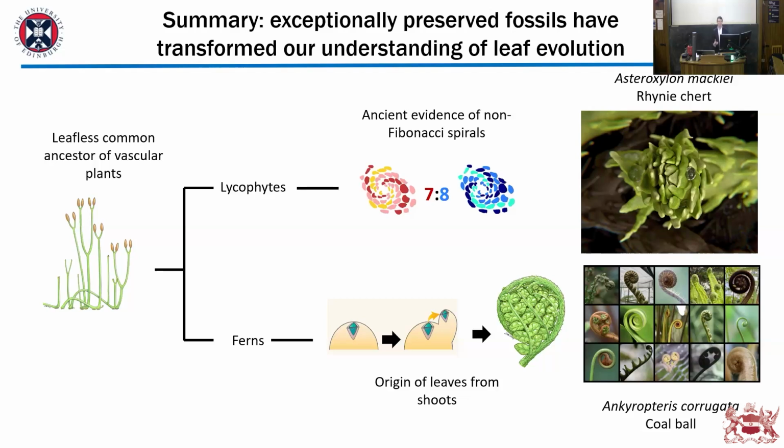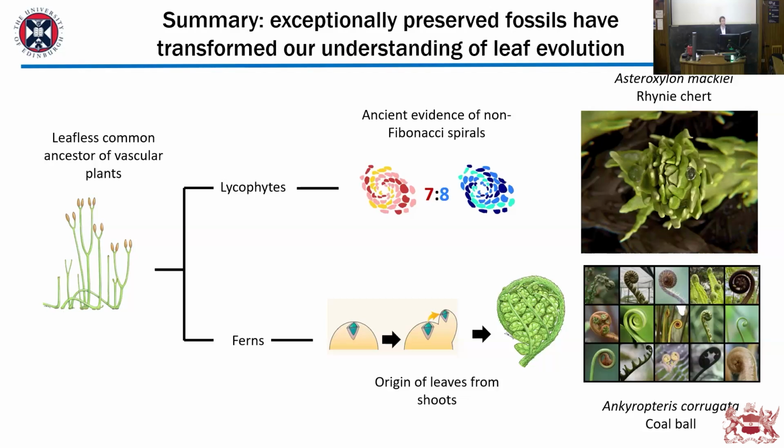To wrap it all up, what we can say is that very, very early in land plant evolution, the common ancestor of vascular plants appeared to be leafless. There was no evidence of spirals at all, and no leaves. And then from this ancestor, the lycophytes and the ferns split. In the case of the lycophytes, they went on to do something quite unique in the production of these non-Fibonacci spirals that we see in the case of Asteroxylon.